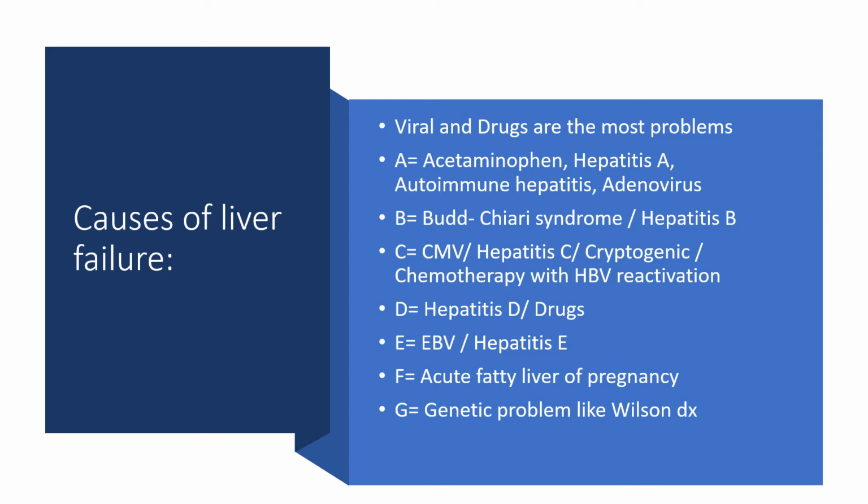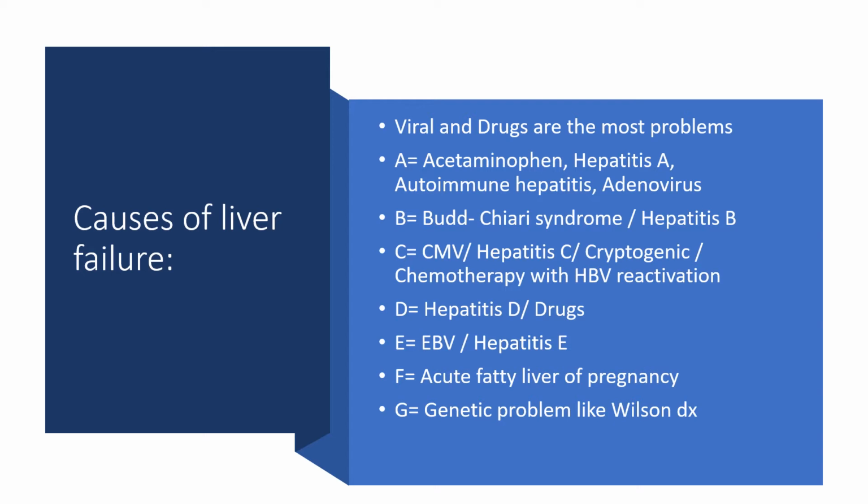If you go by B, the Budd-Chiari syndrome or hepatitis B; C will be covering cytomegalovirus, hepatitis C, cryptogenic causes of liver failure, or chemotherapy with hepatitis B virus reactivation. D will be for hepatitis D and drugs. E for Epstein-Barr virus or hepatitis E.